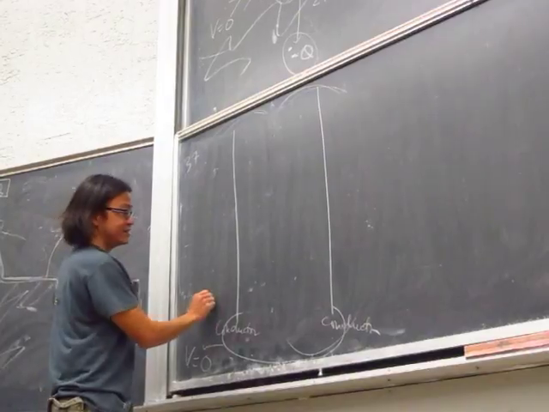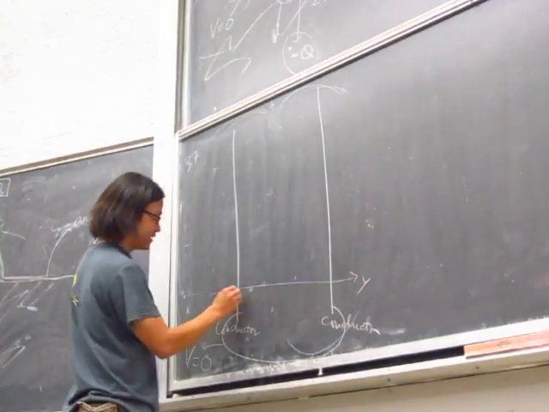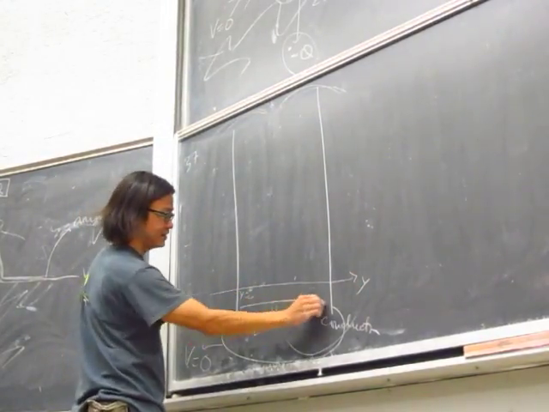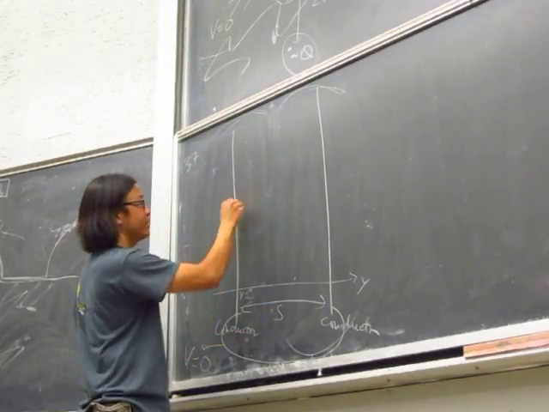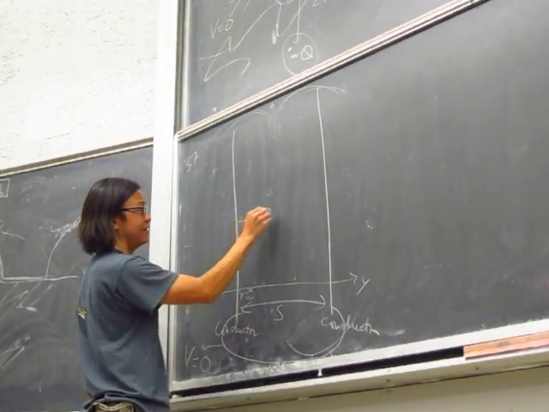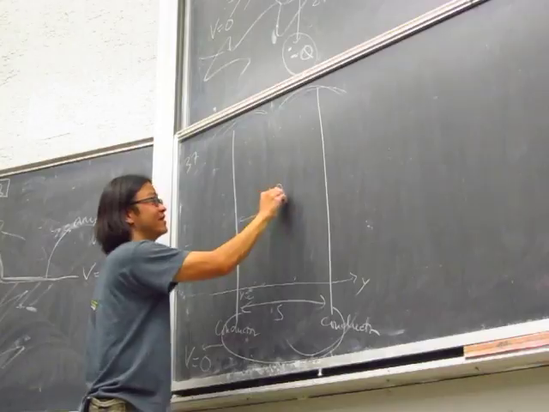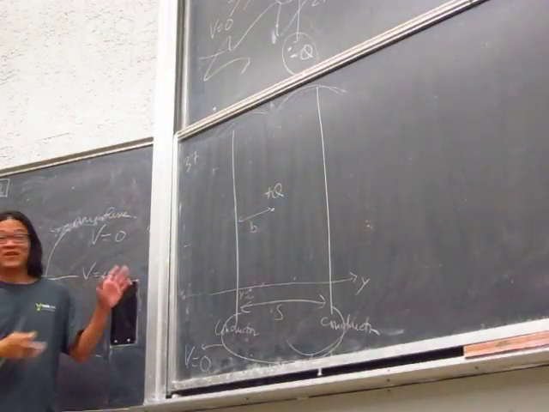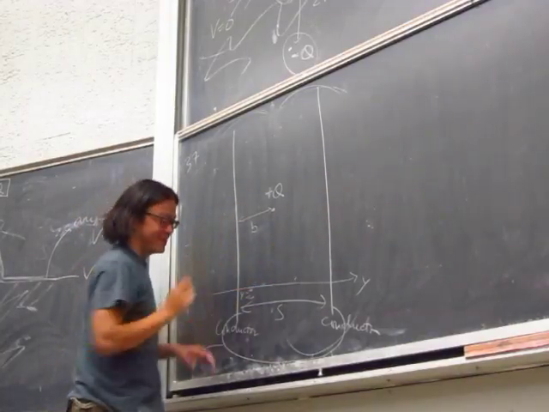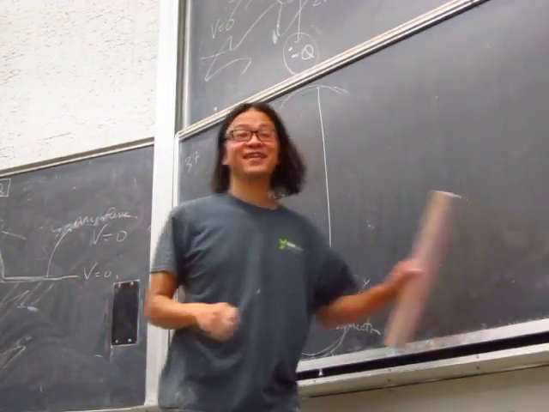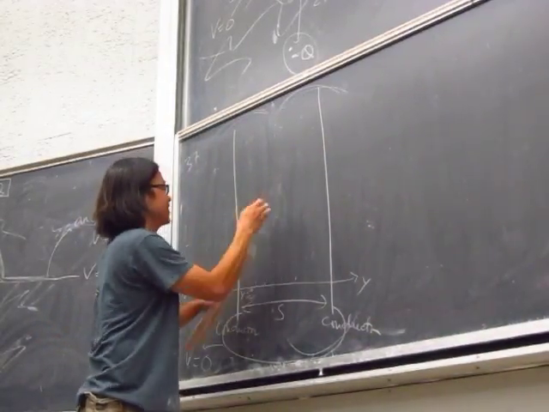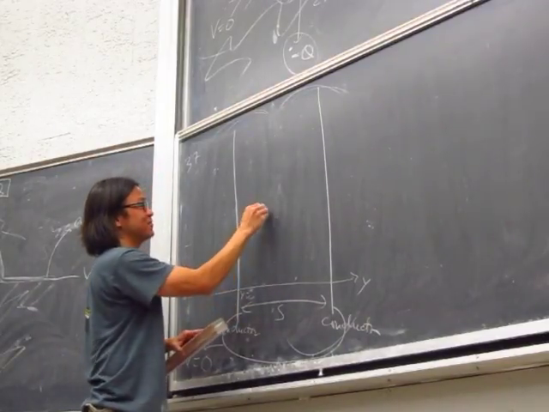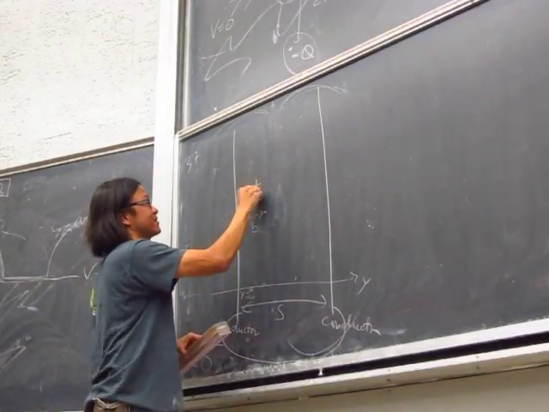This is the y direction, and this is y equal to 0. This distance is s, and this distance is b. I put a plus q here, and you're supposed to find the charge distribution on the conductor. Let me just remove that to make sure it's kind of asymmetrical.